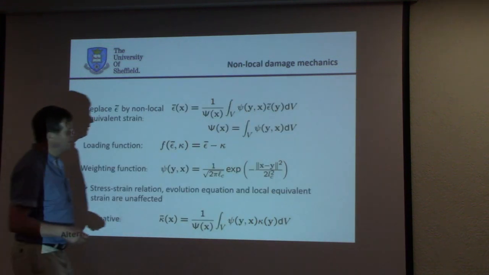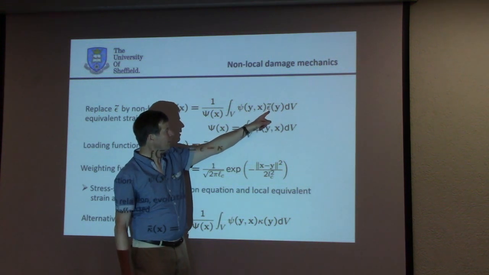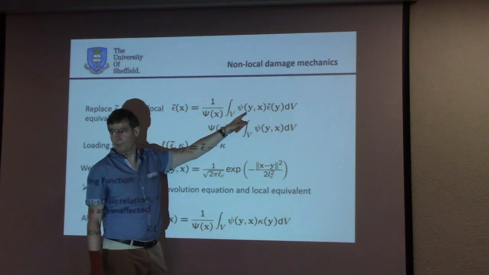So here we have our epsilon tilde. We multiply it by a weighting function.